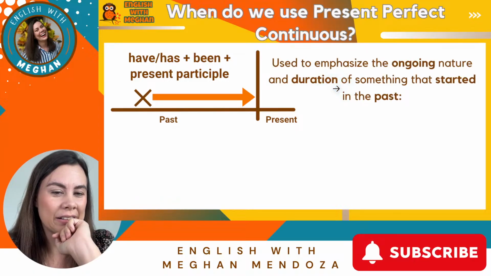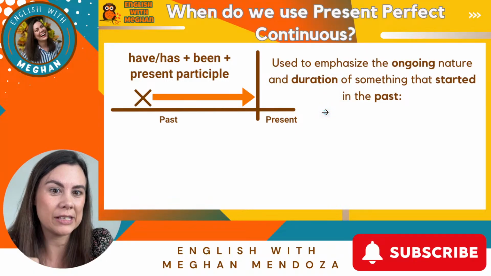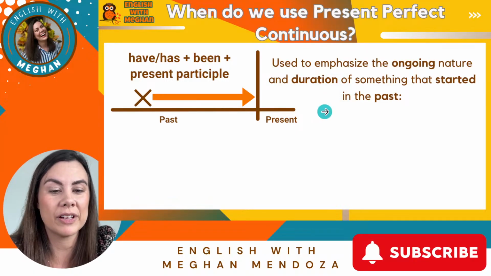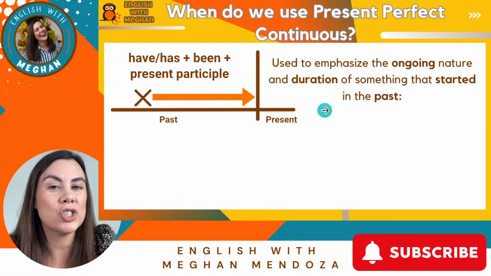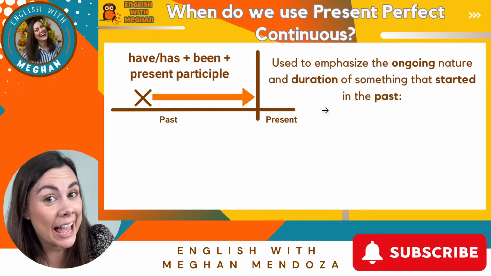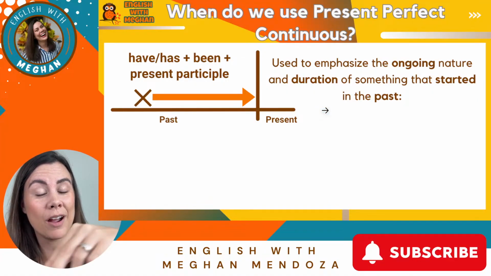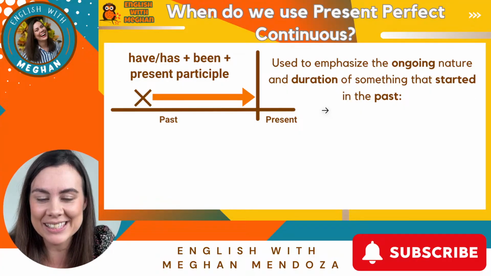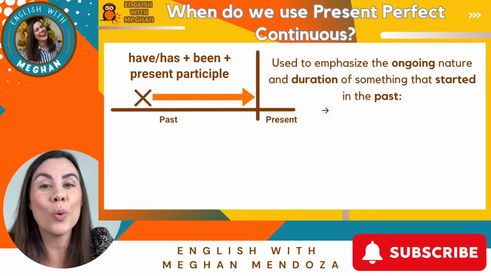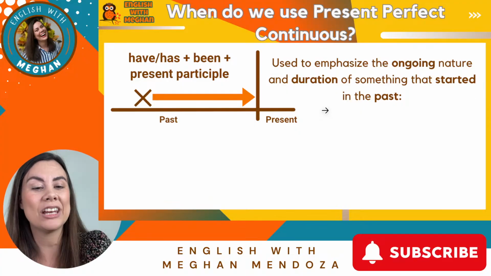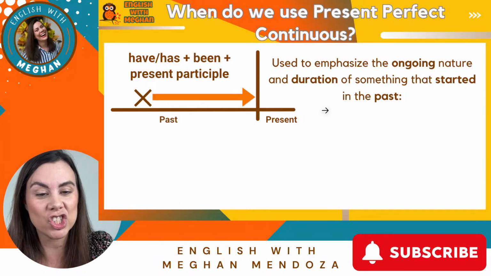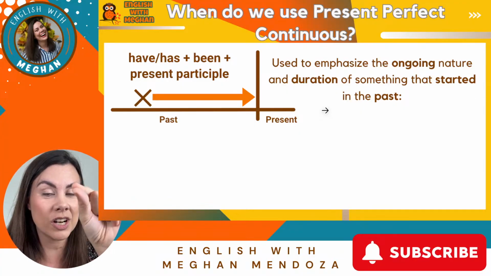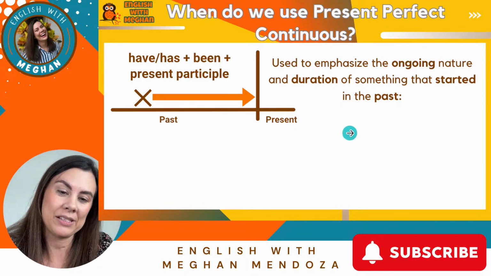This is very similar to present perfect by itself. It is used to emphasize, say that word, the ongoing, continuing nature and duration of something that started in the past.